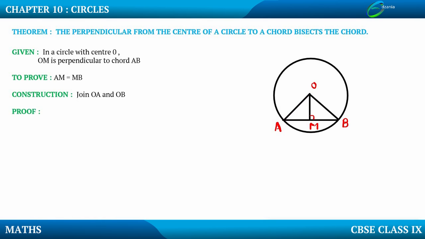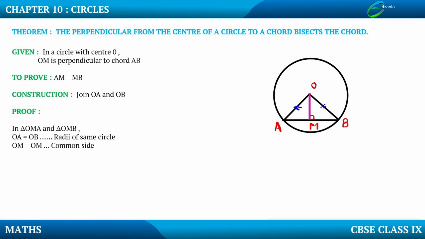So in the proof, we will begin with the two triangles, triangle OMA and triangle OMB. OMA is the left triangle over here, OMB is located at the right. In these two triangles, first of all, we can say that OA is equal to OB. OA and OB are equal because they are radii of the same circle.